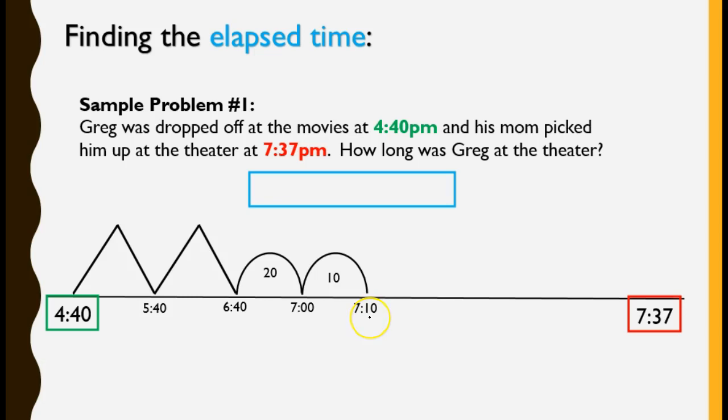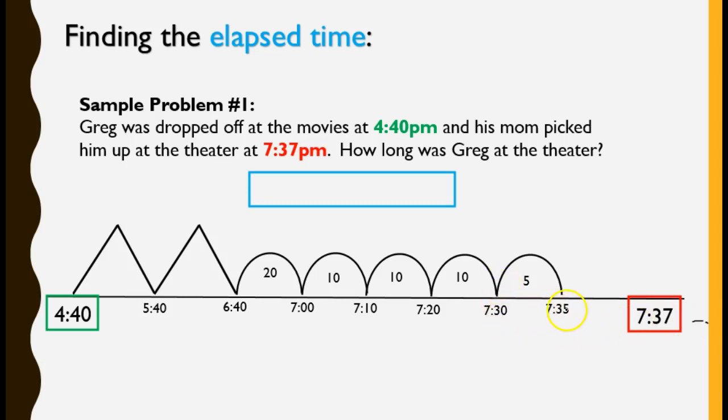So I added 10 minutes. I'm going to add 10 more minutes. Add 10 more minutes. Ooh, I'm already to 7:30 now. I just have a little bit longer to go. Add another hill with just 5 minutes, because if I added 10 minutes, I'd again go past 7:37, and I don't want to do that.